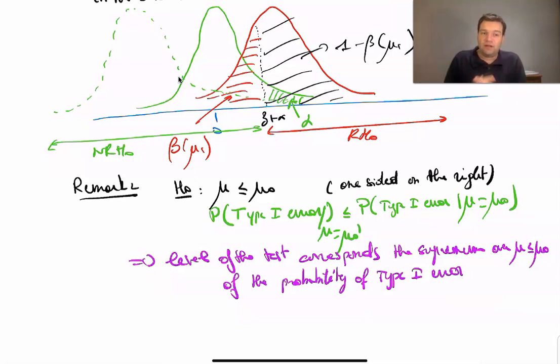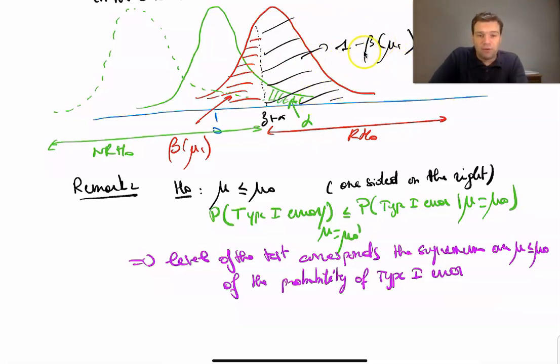There as well, the type 1 error would be observed on this side. Here again, the level of the test would be alpha, and it would be the type 1 error computed with the solid curve, with all the probabilities of type 1 errors computed with dotted curves on this side.